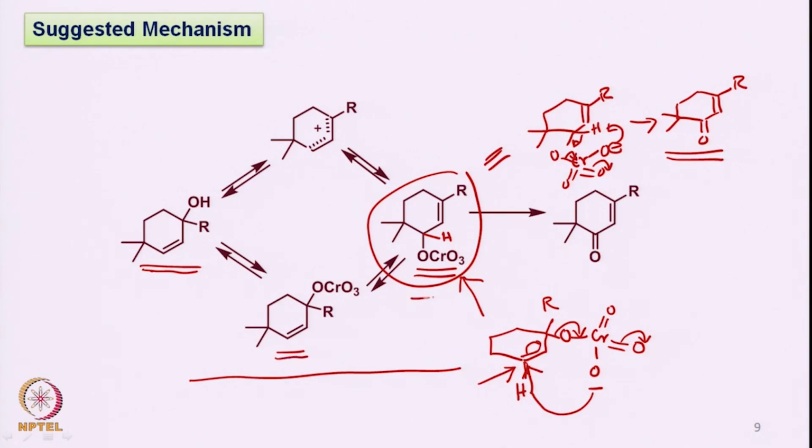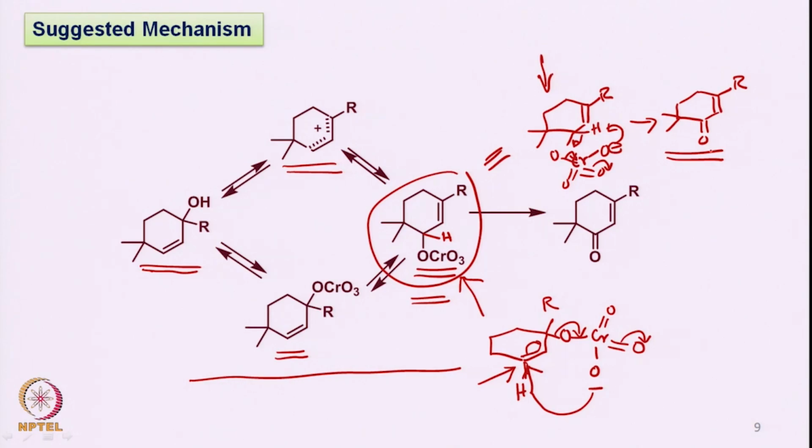So what we have done is we have transformed an allyl alcohol to this intermediate, which undergoes a rearrangement. Of course it can also go back from here to here, that is why there is an equilibrium. Same thing can happen here, and this intermediate can be shown as somewhat like this, where the chromate is coming out, and then this species undergoes oxidation in the way I have shown here to the corresponding enone.